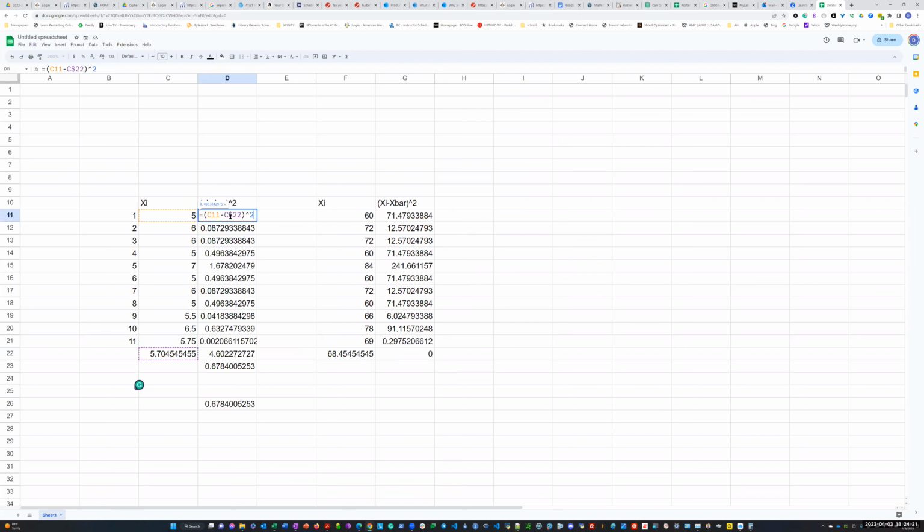Average. This number minus that number, quantity squared. Yeah, that's right. This number minus that number, quantity squared. My brain is not working. Quite possible.